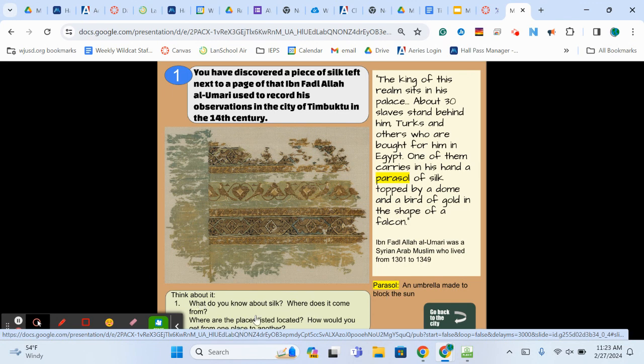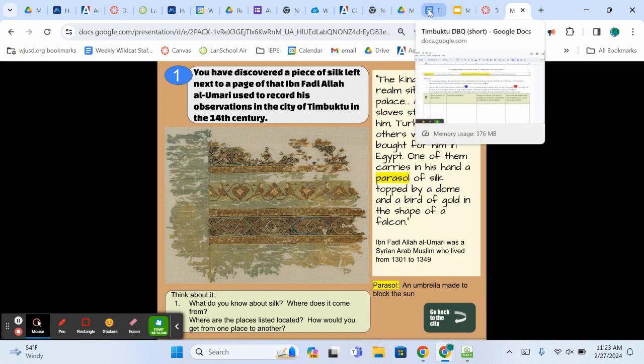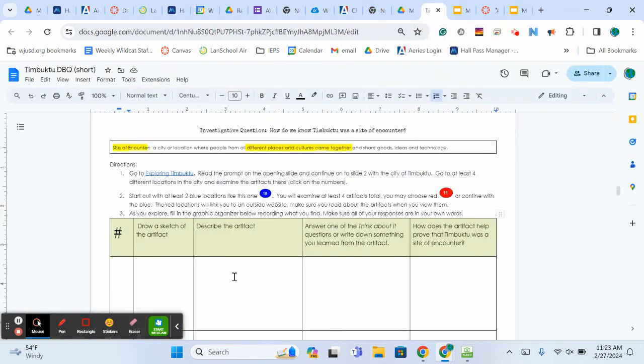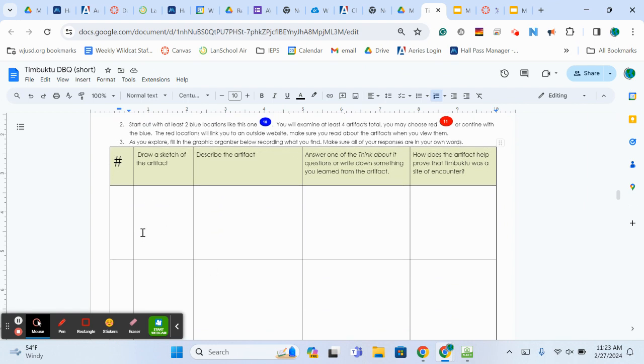And then we have a couple of think about it questions down here. So let's start filling in our graphic organizer. The first thing you're supposed to do is to draw a sketch of what that artifact looks like. It doesn't have to be a beautiful sketch, doesn't have to be an amazing picture, but you're going to draw a little picture of the artifact. Then you're going to describe what you see for the artifact.